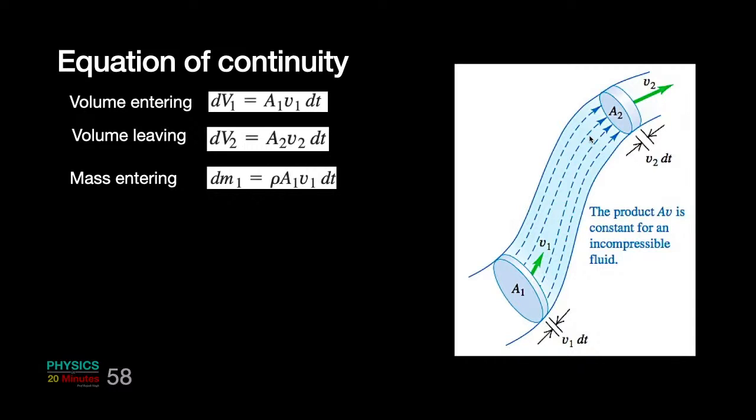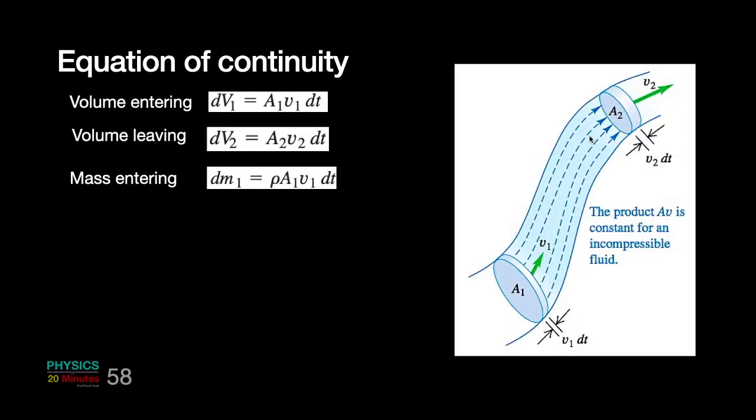Most of the normal day-to-day liquids, oil, water, etc., density does not fluctuate under normal operation. But under special circumstances, like if you have a very high pressure, the density can change. So that is a dicey situation. We would like to keep it simple.